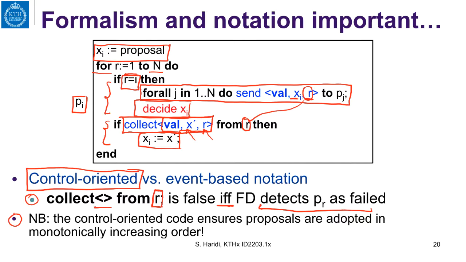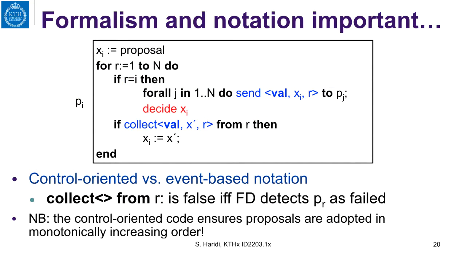So you will not collect a message, say from process 5, if you have not already collected a message from process 4 or detected the failure of process 4. That's what we mean by proposals are adopted in monotonically increasing order. So this, of course, is regular consensus.